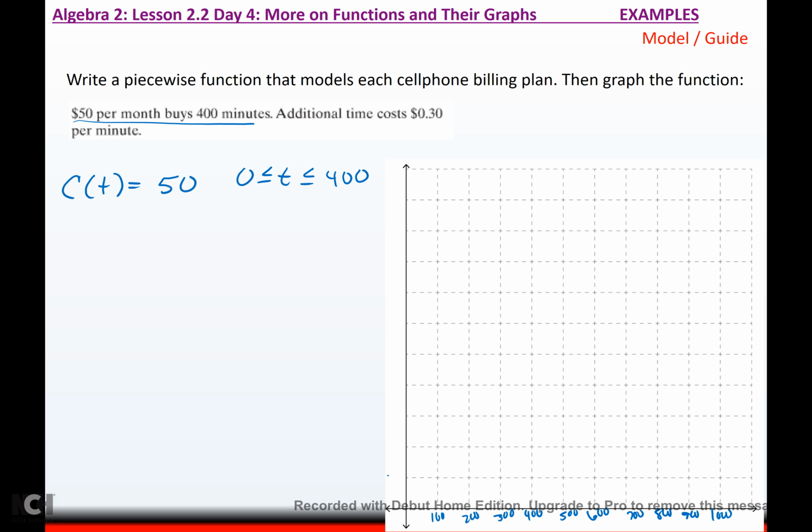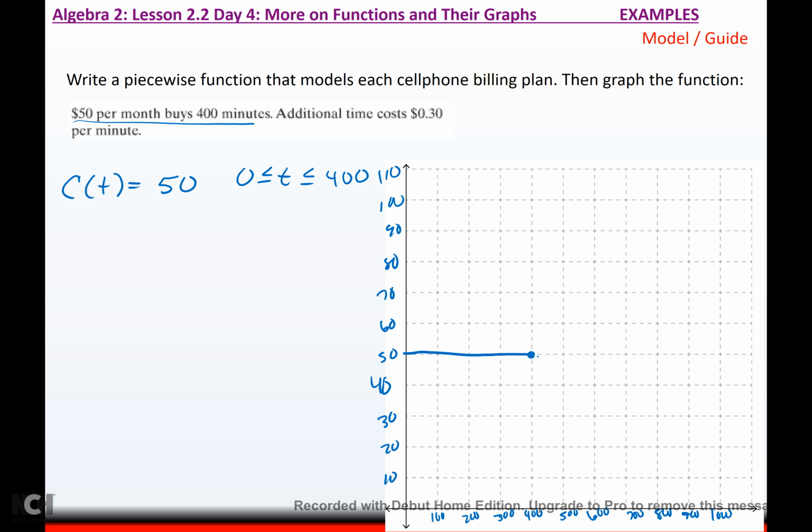Let's count by tens, I guess. 10, 20, 30, 40, 50, 60, 70, 80, 90, 100, 110. So up until 400 minutes, my price is $50. So from 0 to 400, that's the cost of your plan.